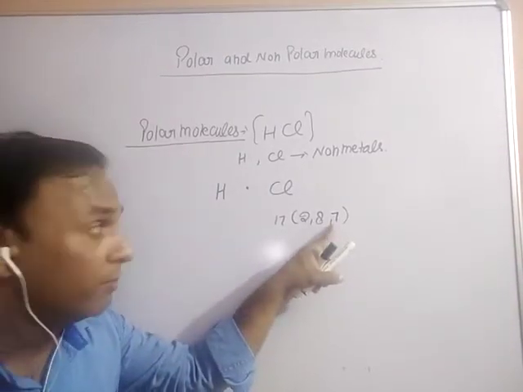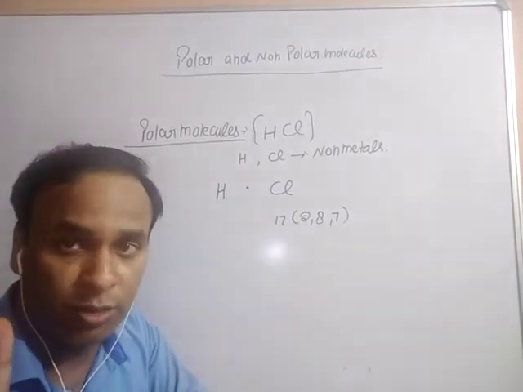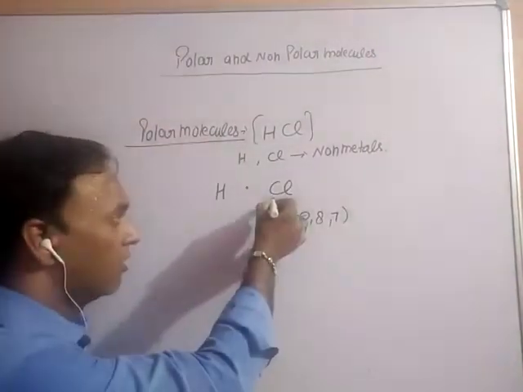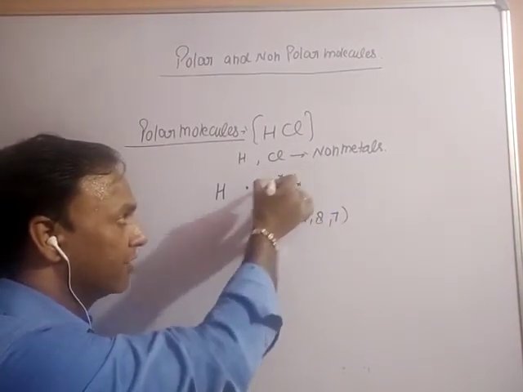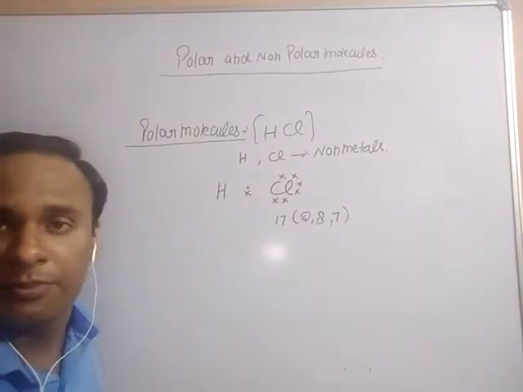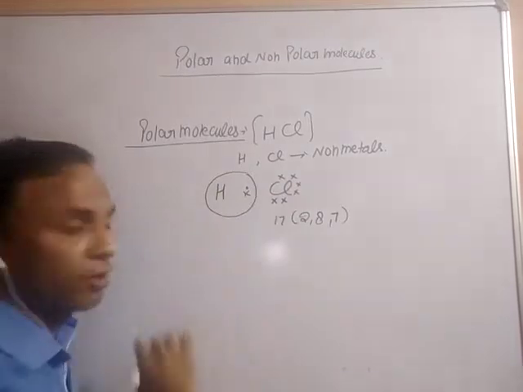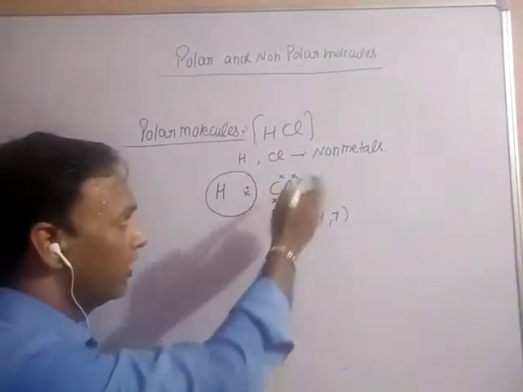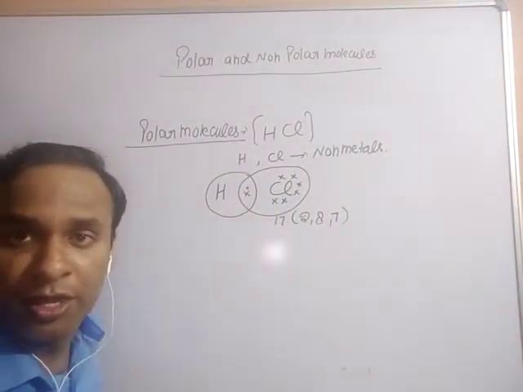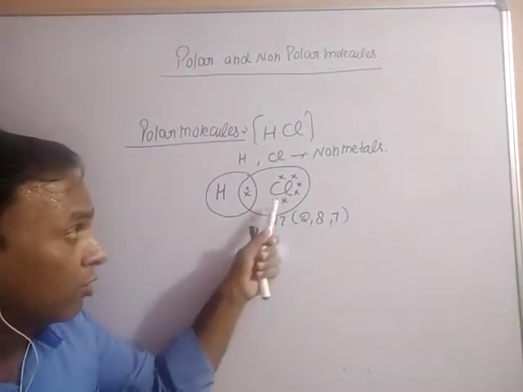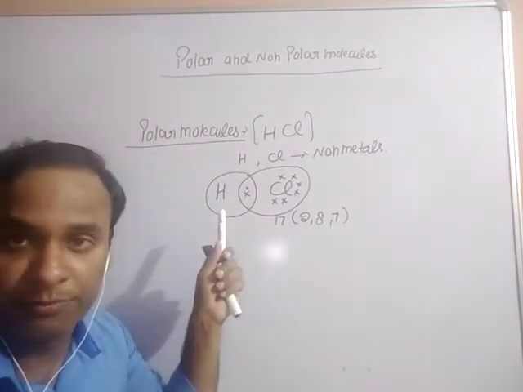That means only 1 electron is shared because hydrogen has 1 electron. Clear? Means 1, 2, 3, 4, 5, 6 and 7. Hydrogen is stabilized by 2 electrons, while chlorine is stabilized by 8 electrons, because chlorine follows the octet rule while hydrogen follows the doublet rule.